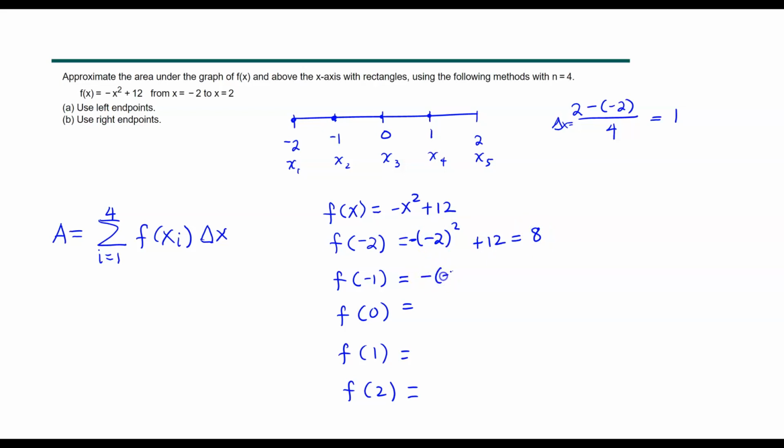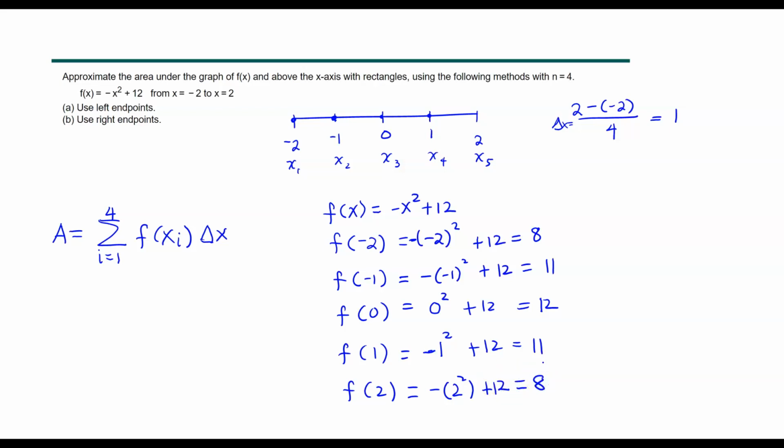And then negative of negative 1 squared plus 12 is 11. And then 0 squared plus 12 is 12. And then negative of 1 squared plus 12 is equal to 11. And negative of 2 squared plus 12 is equal to 8.